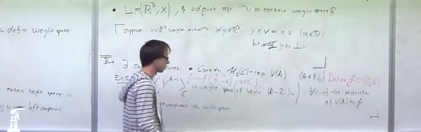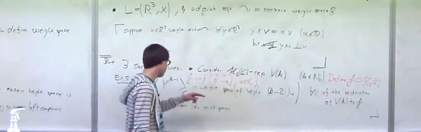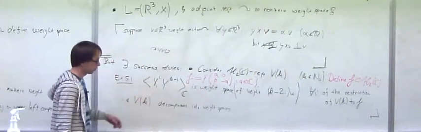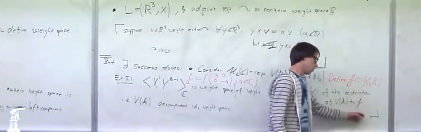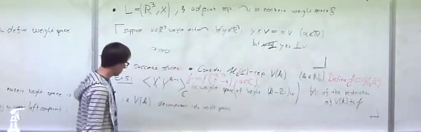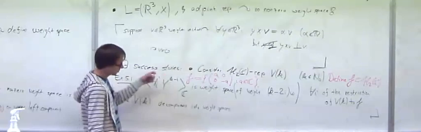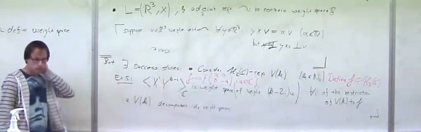So as a representation of the entire Lie algebra SL2, these would not be weight spaces, but if we restrict our representation just to this abelian Lie subalgebra of diagonal matrices, then these are all weight spaces, and Vk decomposes as a direct sum of weight spaces.